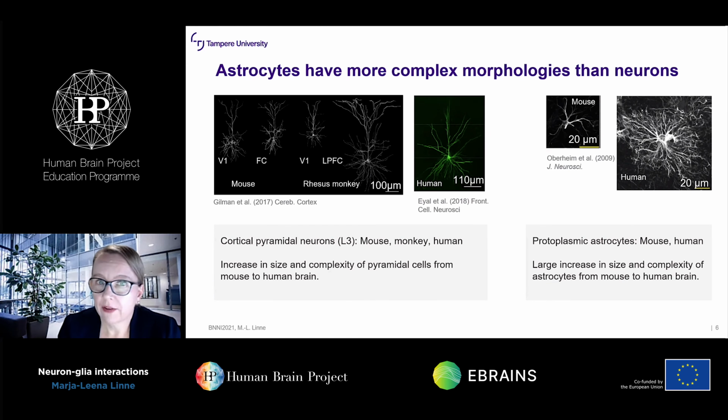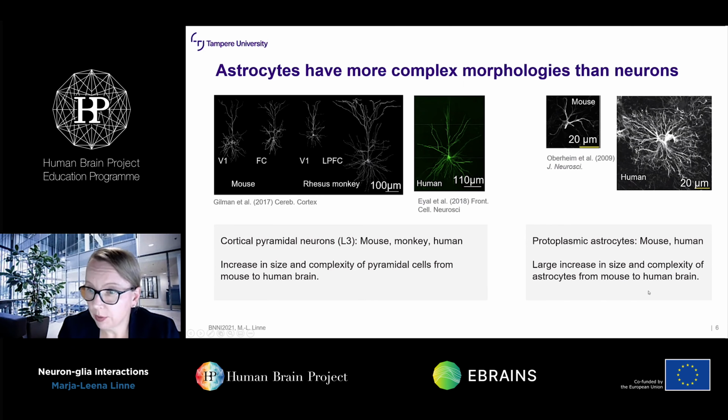Astrocytes, first of all, have more complex morphologies than neurons. And this may come as a surprise to some of you, but clearly this has been a big surprise to many of us scientists in this field over the past years. If you look at the cortical pyramidal neurons from layer 3, for example, from mouse, monkey, and human, you see an increase in size and complexity of these pyramidal cells from mouse to human.